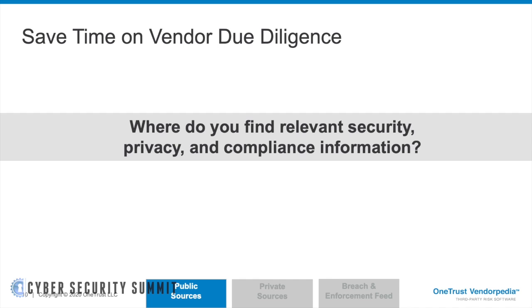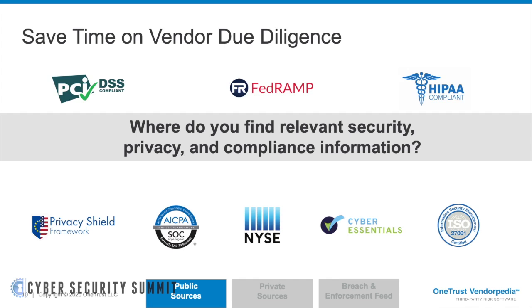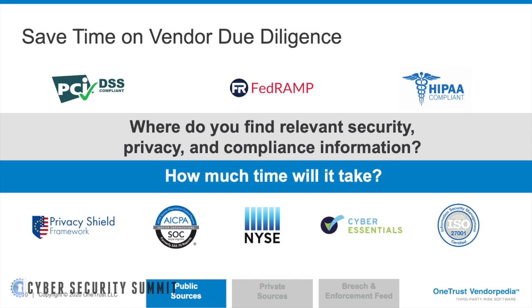When you think about all of the different sources available for you to get that information, it's important to understand how much time is spent manually trying to obtain financial or InfoSec data or evidence from these organizations, and utilizing an exchange is a great way to cut down on that time.